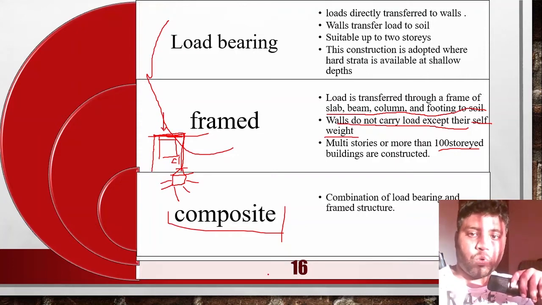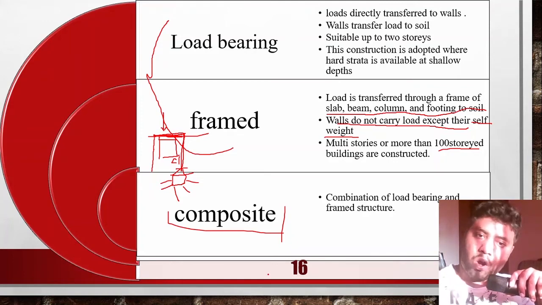Walls also take some loads and transfer them. As we go to the advantages and disadvantages of composite structures, you will be able to clearly understand what composite structures are all about.